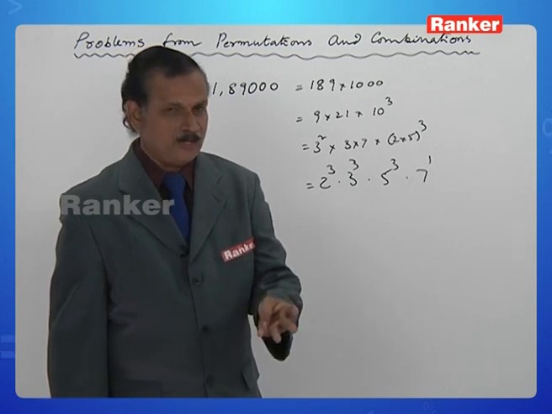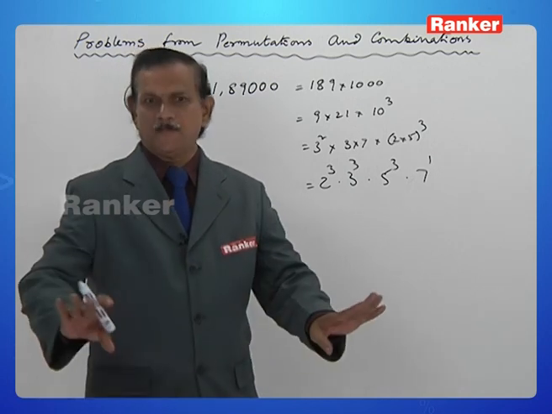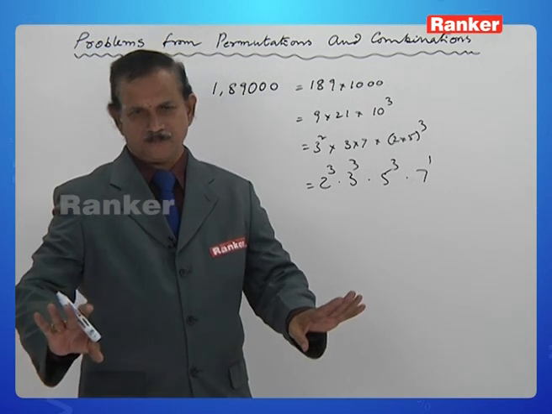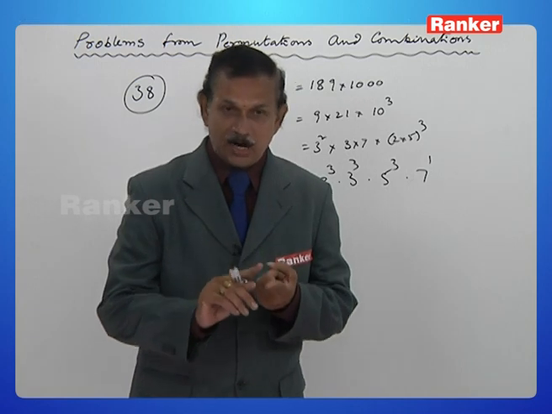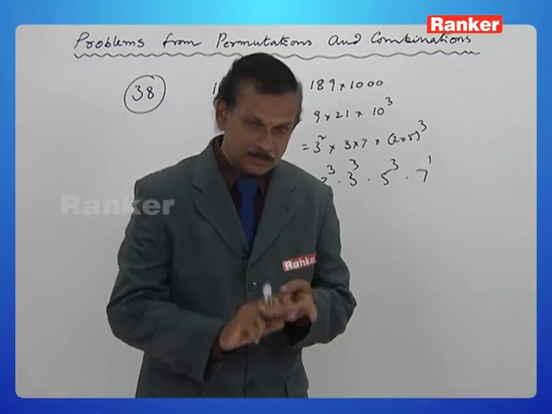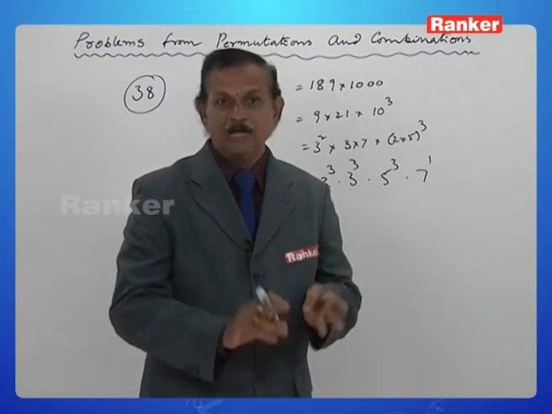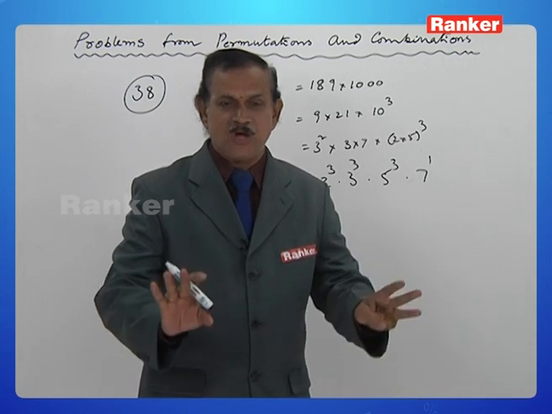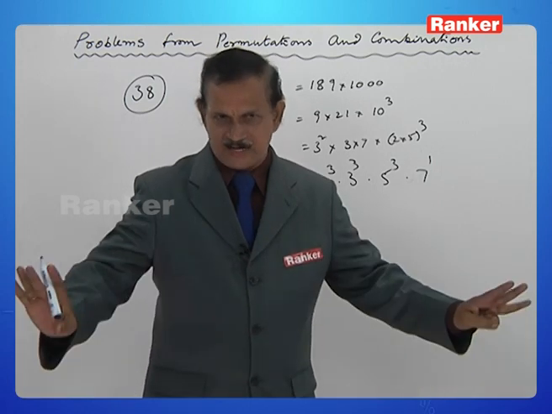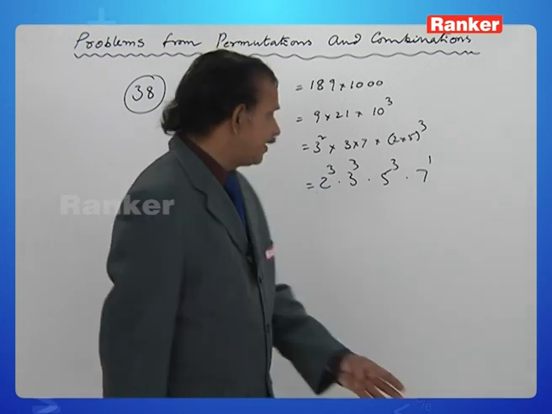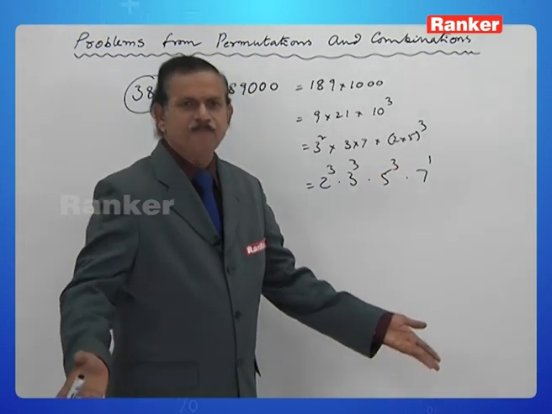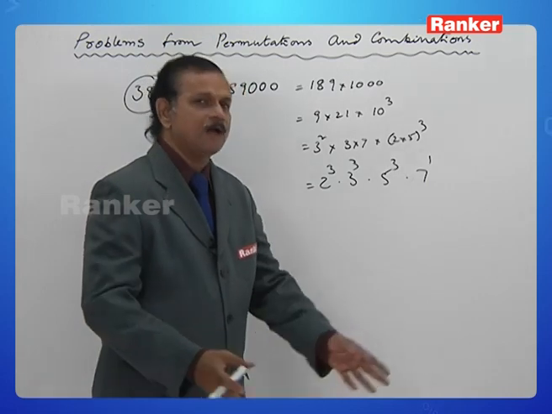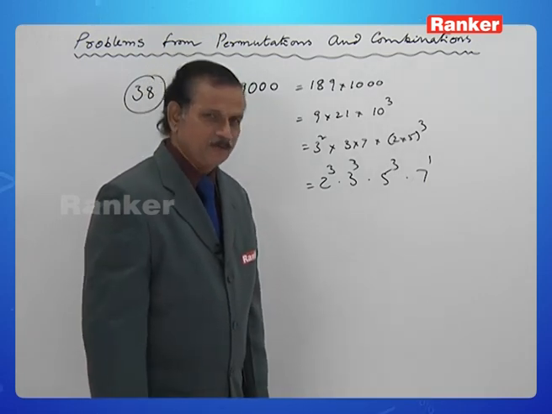At least one 3 and at least one 5 must be present. So far at least one 2, at least one 3, at least one 5 must be present among the required divisors, that is sure. Then what about 7? It may or may not be present.